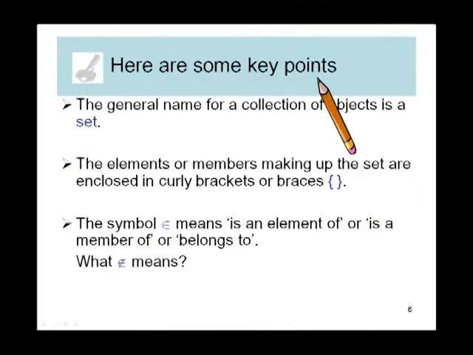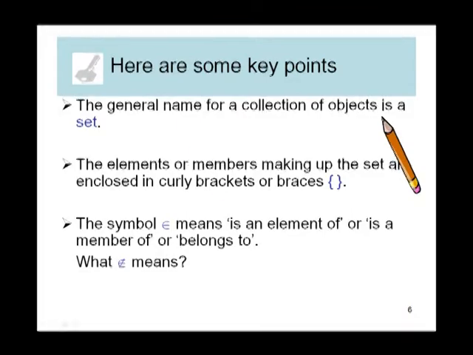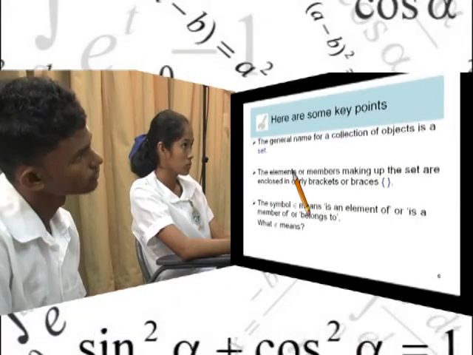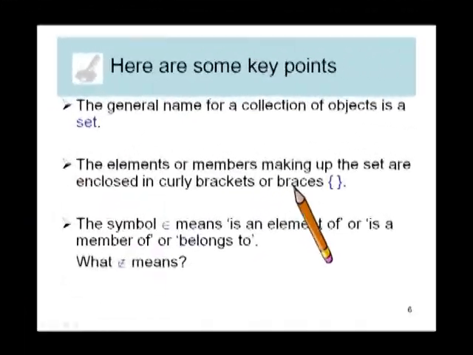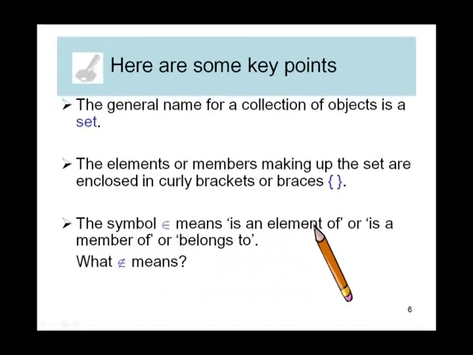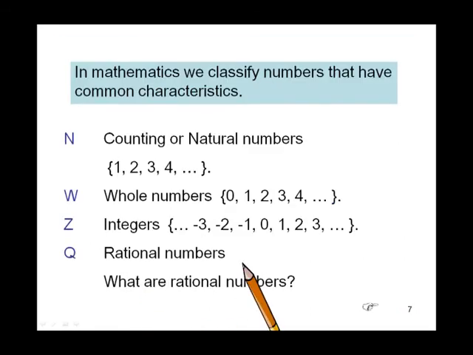Here are some key points. The general name for a collection of objects is a set. The elements or members making up the set are enclosed in curly brackets or braces. The symbol ∈ means is an element of, or is a member of, or belongs to. What does ∈ mean? In mathematics, we classify numbers that have common characteristics.